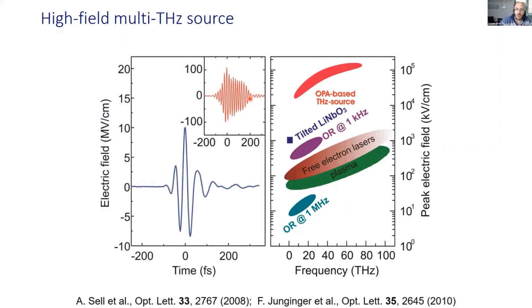This is, for example, one experimental result in which you can have up to 10 megavolt per centimeter. So we are talking about tens of microjoules in a terahertz pulse. That's not trivial to achieve, because you have to keep in mind that energy conservation is a problem when you generate beams with extremely small photon energy, because the number of photons also has to be conserved.